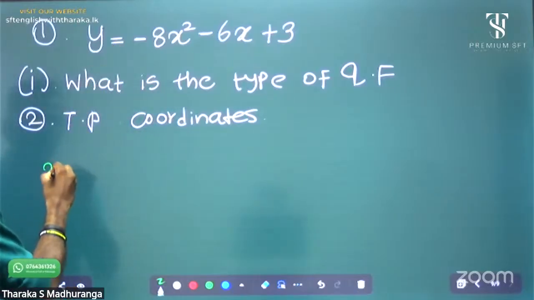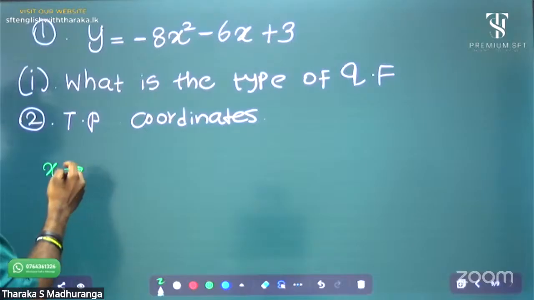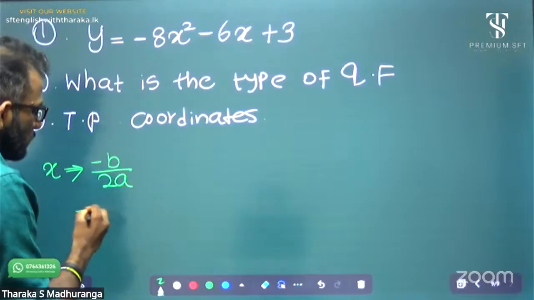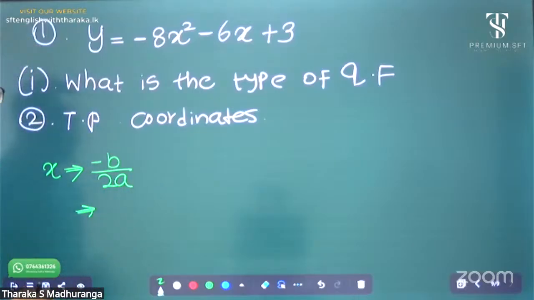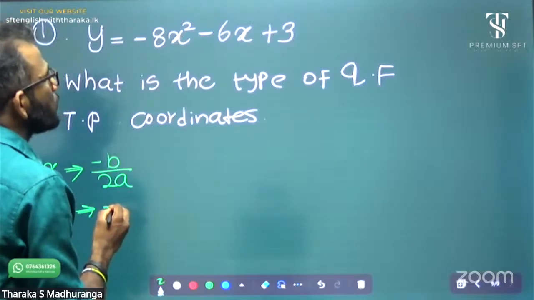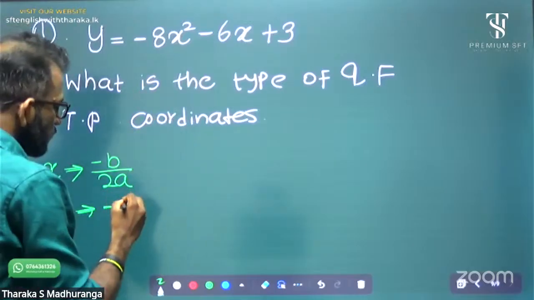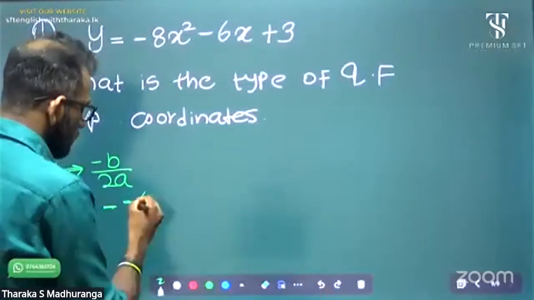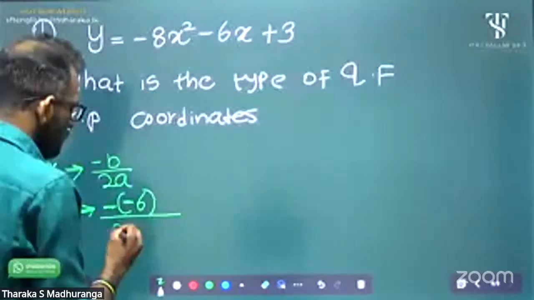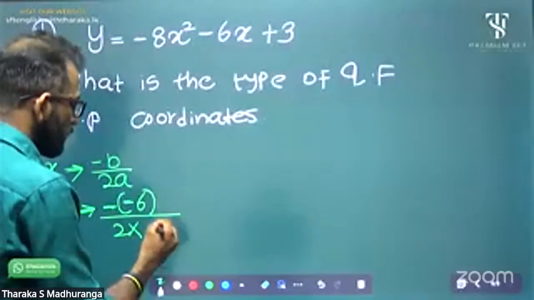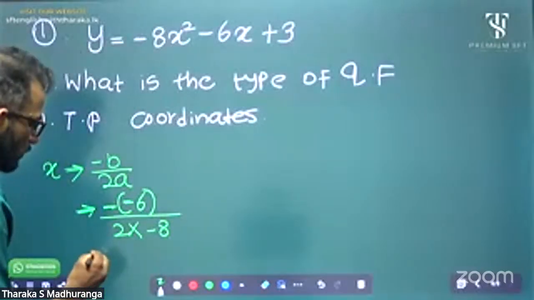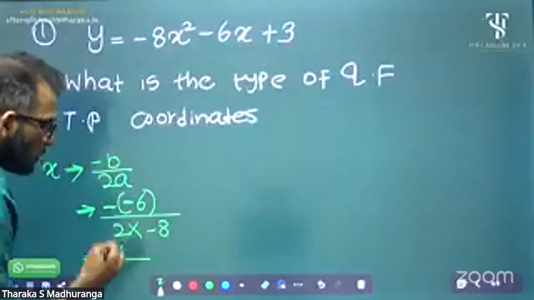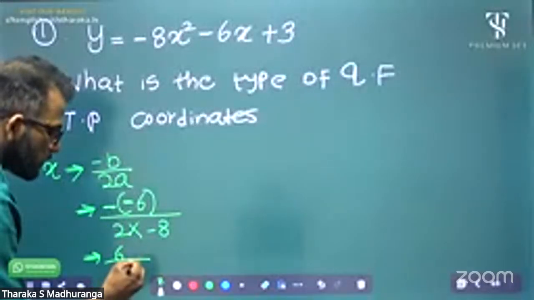Okay, how to calculate the maximum point coordinates? The x turning point coordinate is minus b over 2a. Now, what is the value for minus b? The b value is minus 6, so minus b is plus 6. Then brackets here: 2 into the a value, minus 8, which is minus 16.